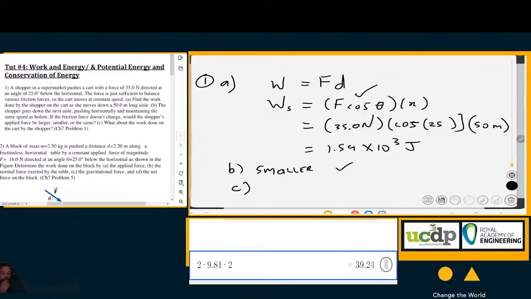Actually, the force is more. Cosine theta, so the horizontal component of the force is now increased.